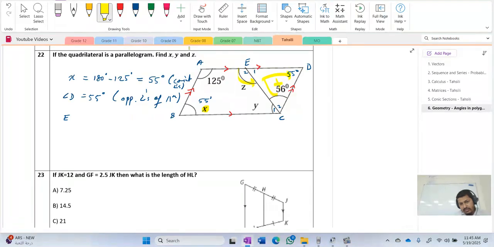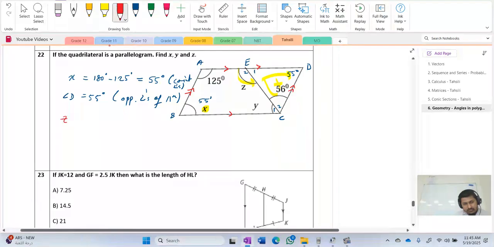Why is Y equal to angle E1? Because those are alternate angles, because line AD is parallel to BC. That's the reason why.